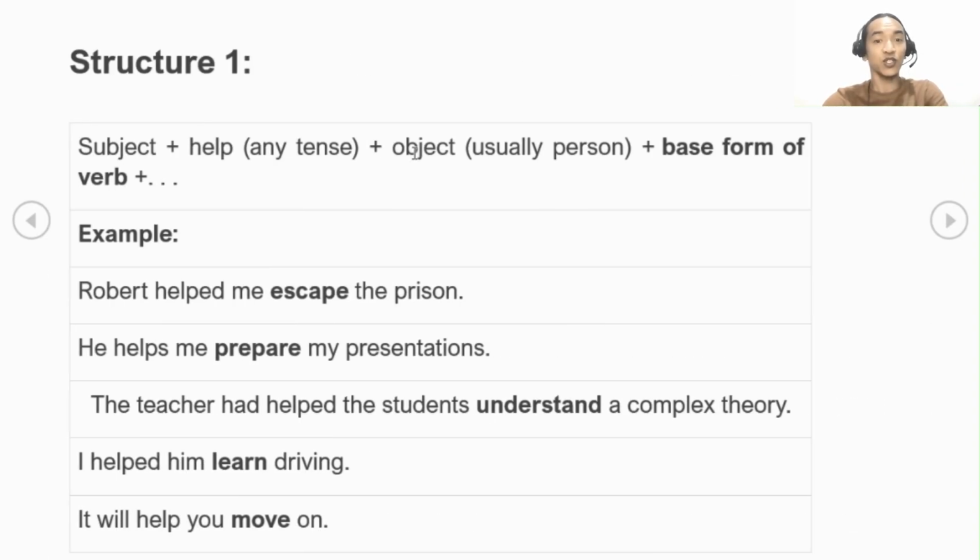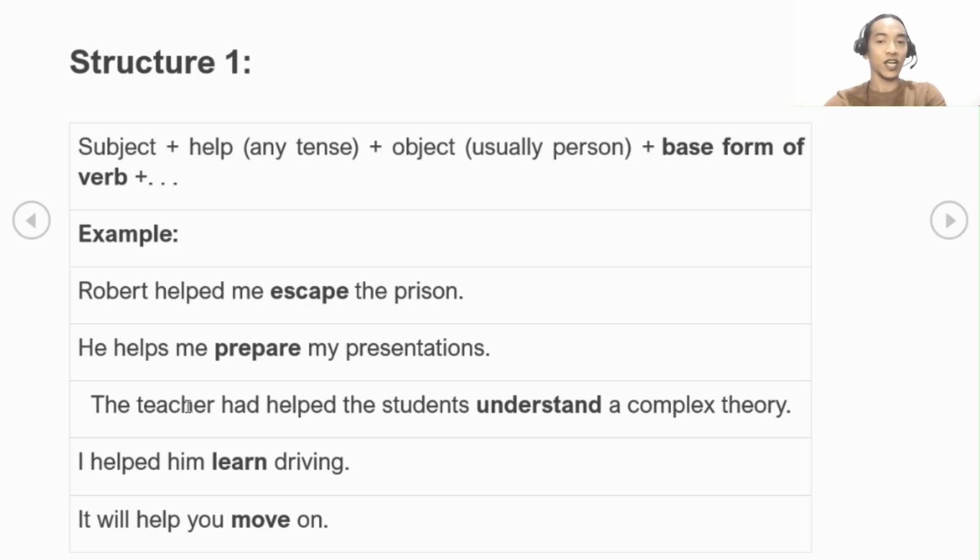So, it has two structures. First, we use it for subject, then help in any tense, it can be present, past, or future, and then the object, usually the person, and then the base form of the verb. Example: Robert helped me escape the prison. Next sentence, he helps me prepare my presentation.